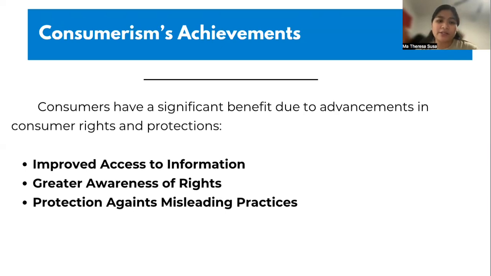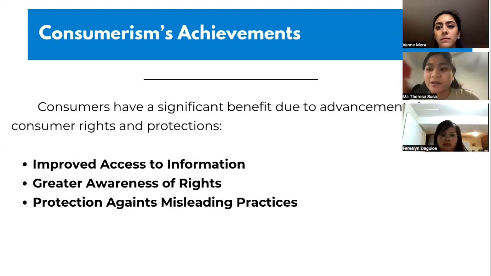The second one is greater awareness of rights. If you are more aware of your rights when you are buying something and something goes wrong, you can, for example, successfully get a refund on a defective appliance under the store's return policy.